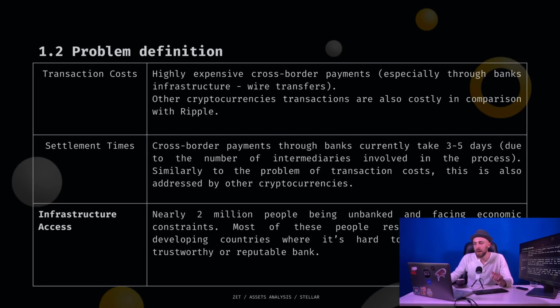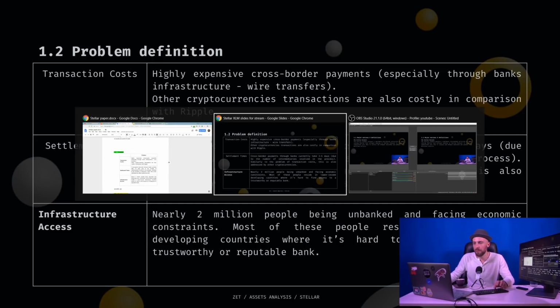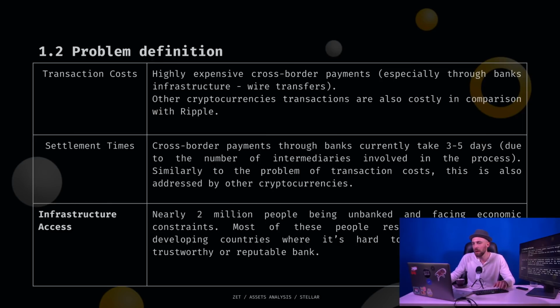Cross-border payments are highly expensive, especially for banks and infrastructure, such as wire transfers or transfers provided by money transferring companies such as Western Union, or what other companies? What other companies do you know? I believe Western Union is the most popular one.